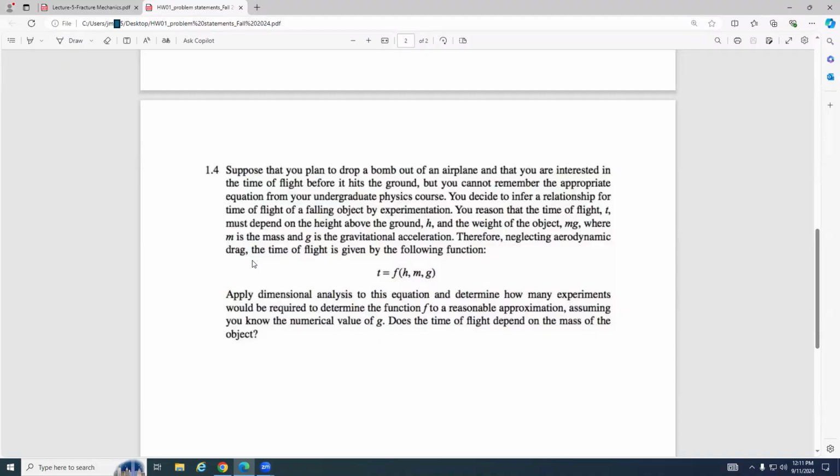Yeah, for this case, time is a fundamental unit, seconds. And you said something like the height. Yeah, height. Height is length.